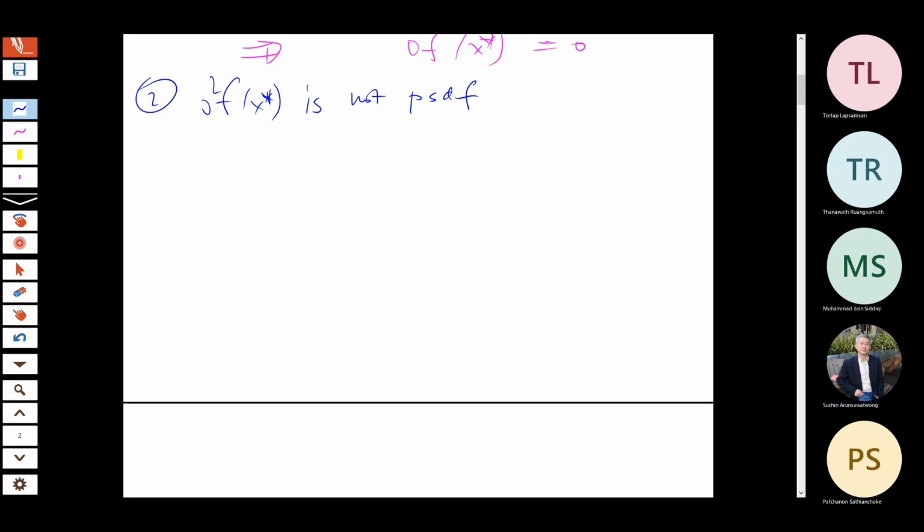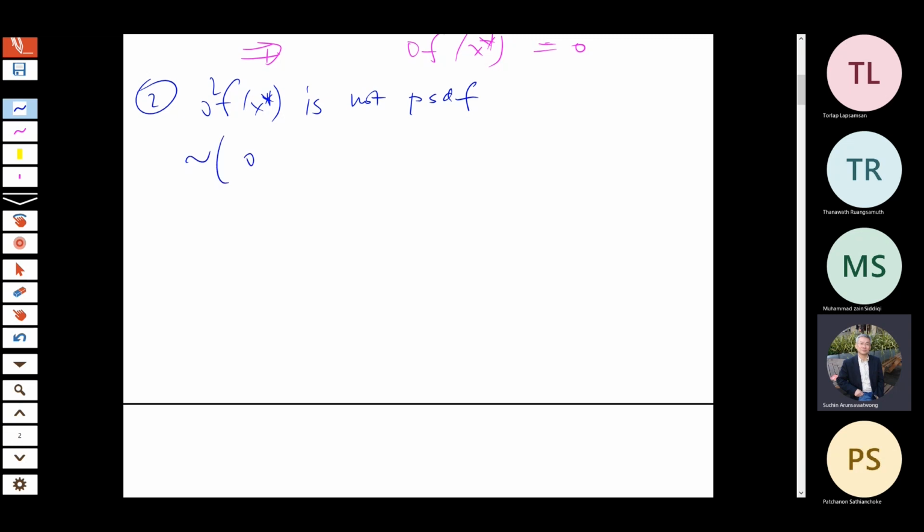So what is the negation? Let's write it down. What is B? B is that x transpose times the Hessian matrix times x is greater than or equal to 0 for all x, where x is an arbitrary vector that can be any vector in R^n.